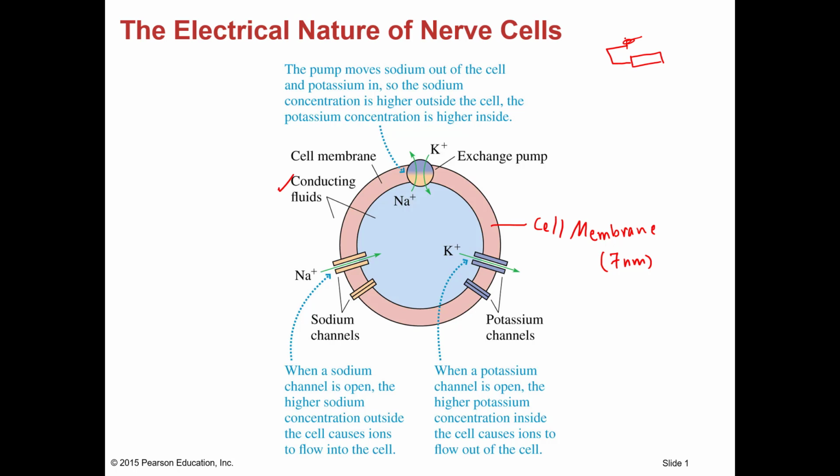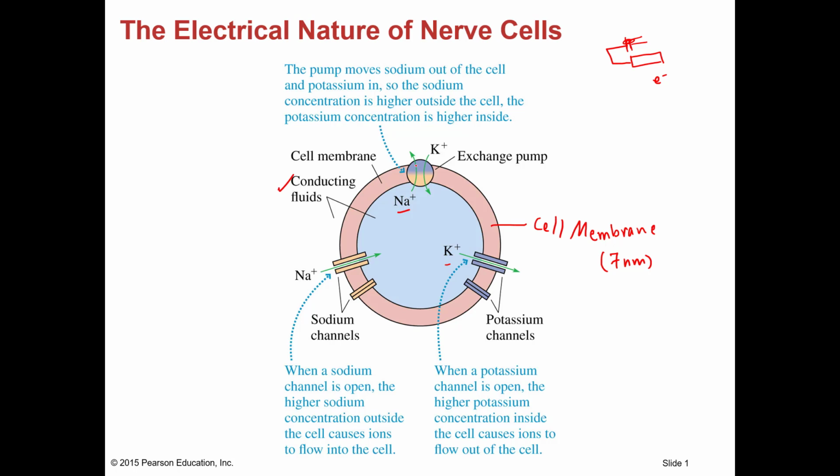Basically, charge is carried by electrons from battery to capacitor and back to the battery. So electrons are the charge carriers. But in case of cell membranes or nerve cells, these ions, sodium and potassium ions, are the charge carriers. And there are also other ions, but sodium and potassium are the dominant ones. So that's why we will only focus on sodium and potassium. We will not consider other ions, just to make the discussion a little bit simpler.